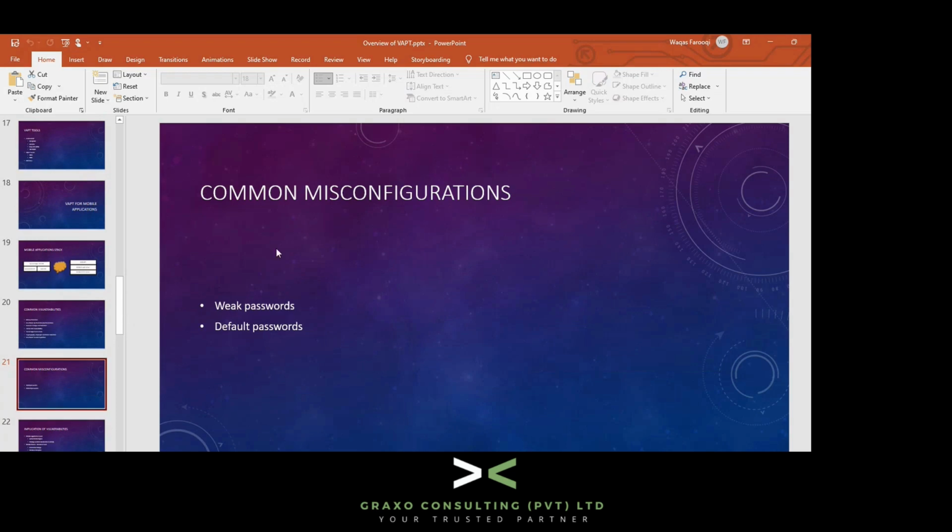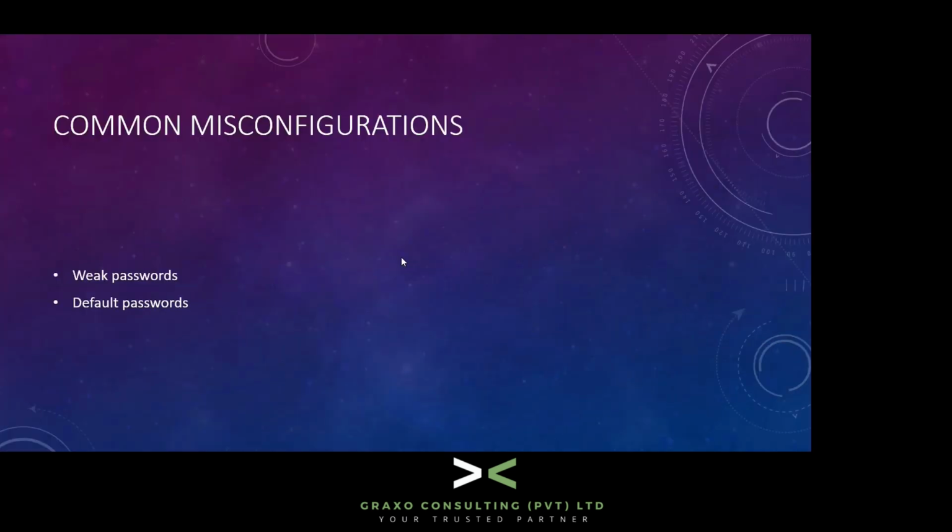Common misconfiguration: there is a long list of misconfigurations, but just for the sake of explanation, say I am a developer and I have developed a web application that is very secure, and I have given this application to you. Now you register a user with the name Abdullah and password 123.